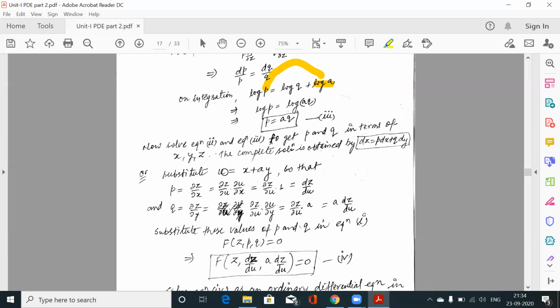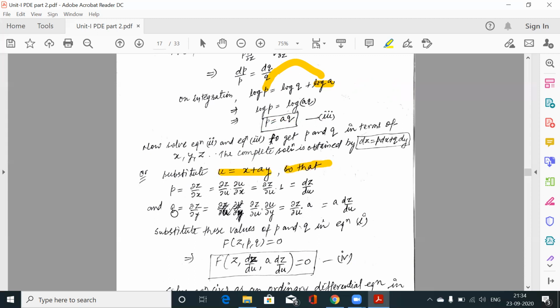Similarly, this transformation can be used to solve this form of PDE, so either you take u is equal to x plus ay or u is equal to ax plus y. Both will work, both will give our complete solution. Suppose we are taking u is equal to x plus ay.